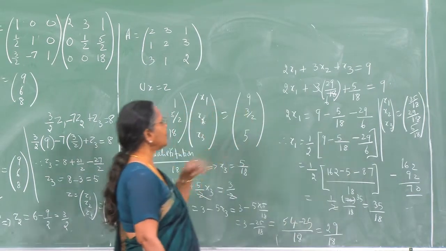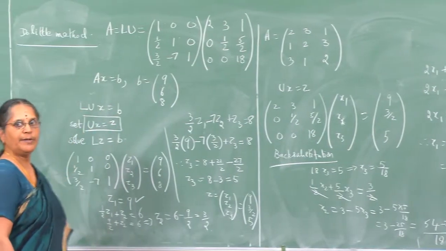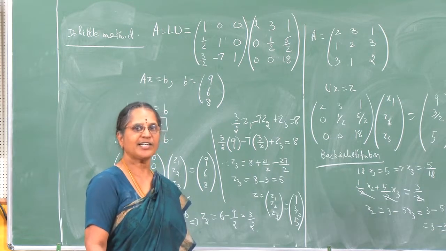So, we have been able to solve the system of equations Ax = b using Doolittle's factorization method.